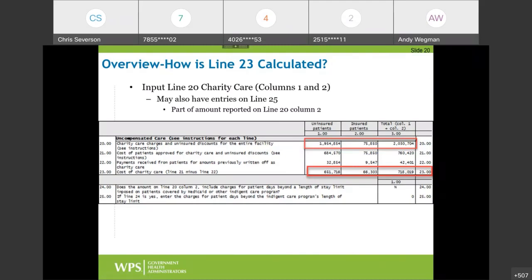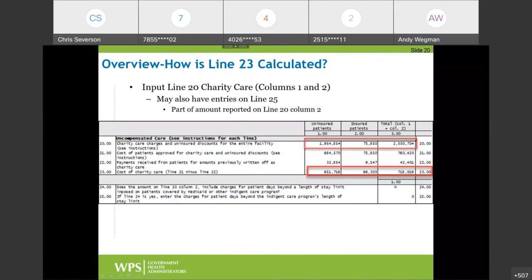We're trying to determine the cost of the charity care, not the foregone charge or the foregone revenue. So you'll see here, by the time we get from 20 down to the ultimate cost of charity care, this nearly $2 million has dropped down to about $650,000 due to the cost-to-charge ratio. So column 1 gets reduced.